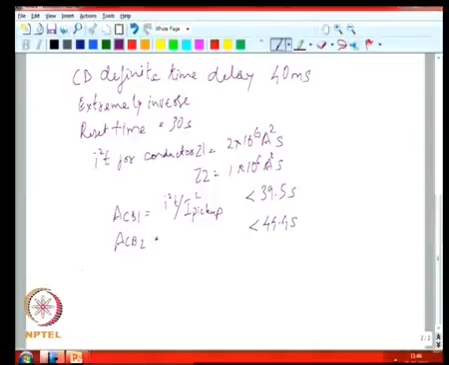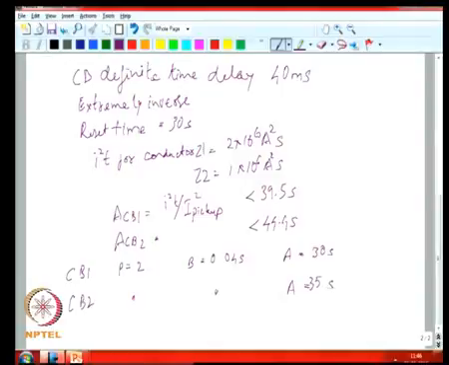So we decided on breakers CB1 and CB2 with P equal to 2, B equal to 0.04 seconds, and A of 30 seconds for CB1, which is less than 39.5. For CB2, P and B are the same, and A you could select to be say 35 seconds, which is less than 44.4.